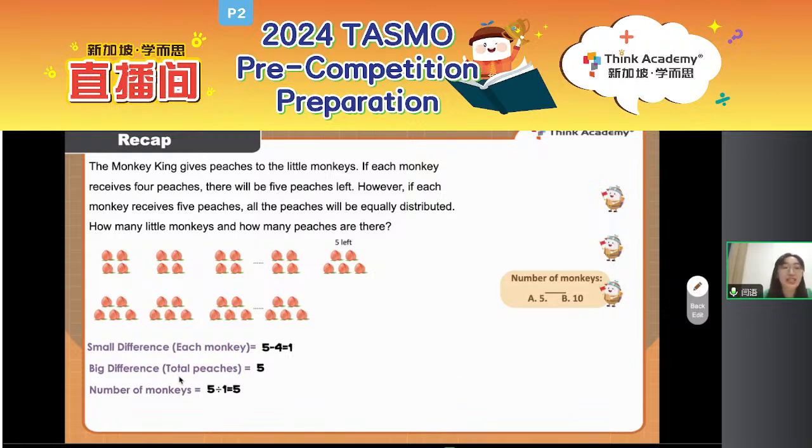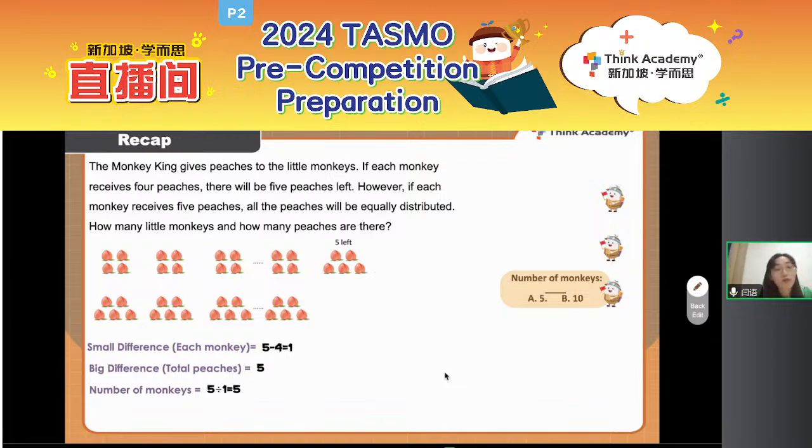In other words, the big difference divided by the small difference gives you the number of groups, the number of monkeys. So here we get 5 divided by 1 equals 5. So what is the number of monkeys? Actually, that is 5. Yes, understand now?